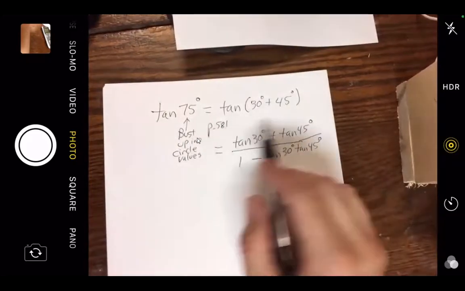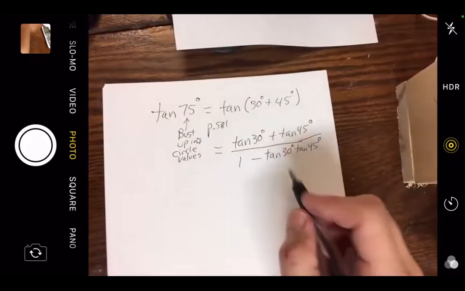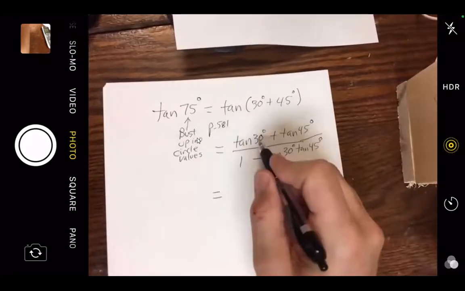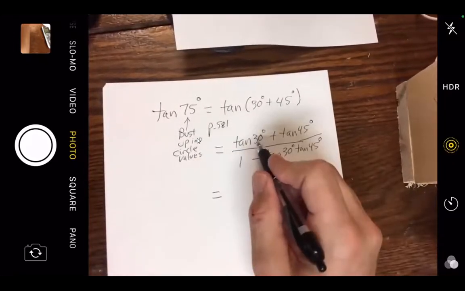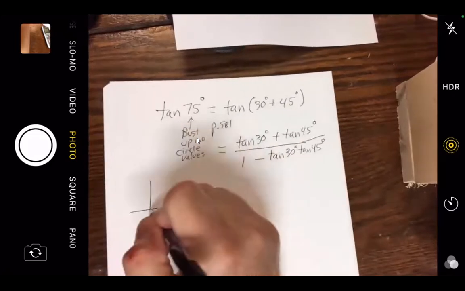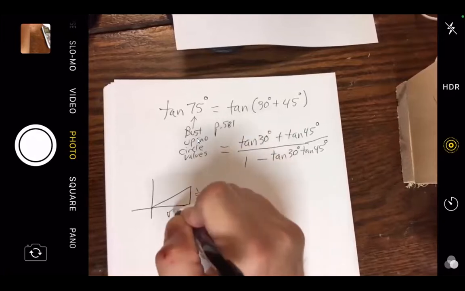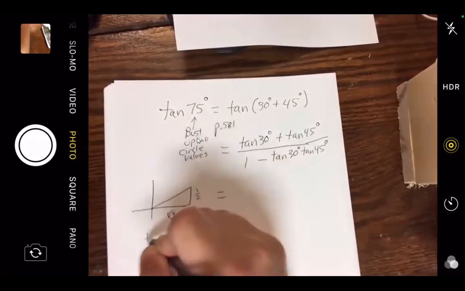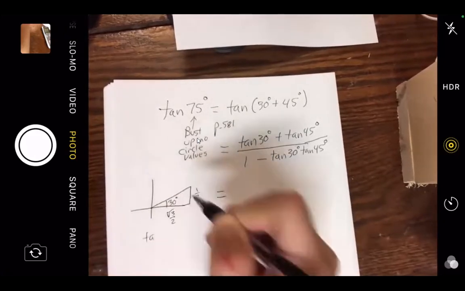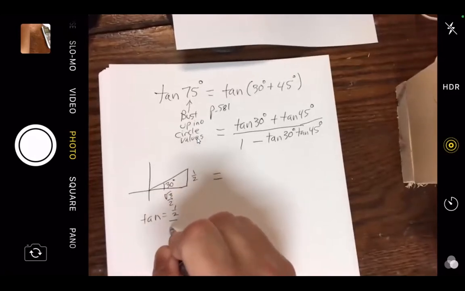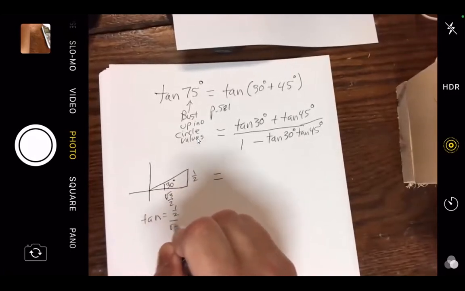You can look back to page 581 and see that. At 30 degrees, you're at 1/2 and root 3 over 2. So your tangent at 30 degrees is 1/2 divided by root 3 over 2.